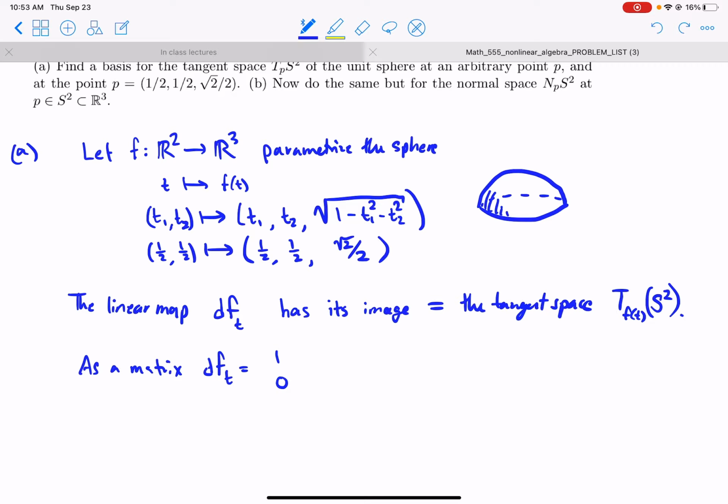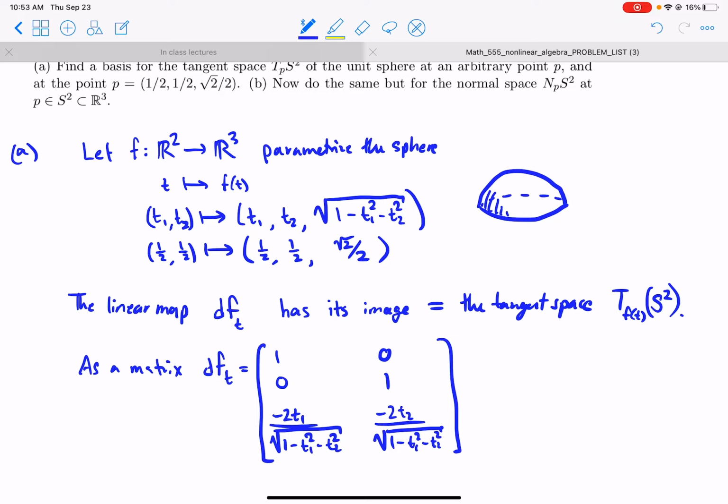So this is just how we differentiate square root. So that was the partial derivative of this function with respect to t1, gave this component. Oh, but that's only one column. So the second column is 0, 1, and then the partial derivative with respect to t2 is going to be this, t2 over square root.